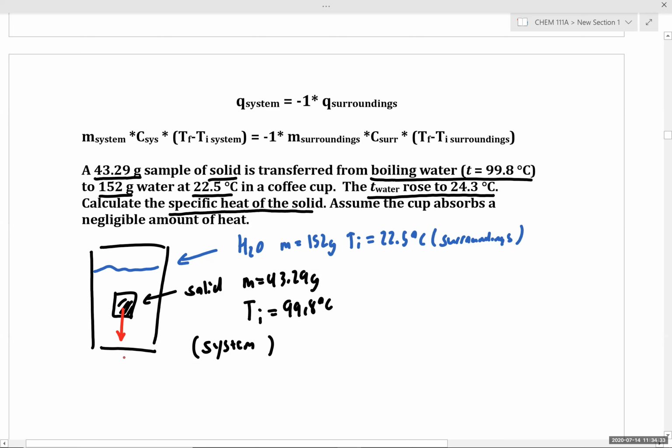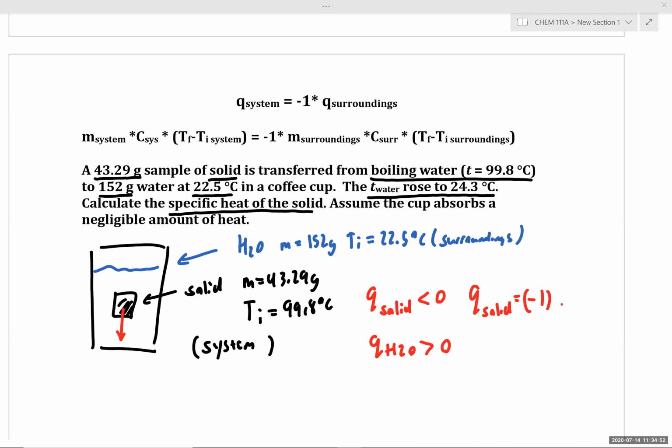So we know that Q solid is going to be less than 0 and Q water is going to be greater than 0. And we know that Q solid is equal to -1 times Q water via conservation of energy.